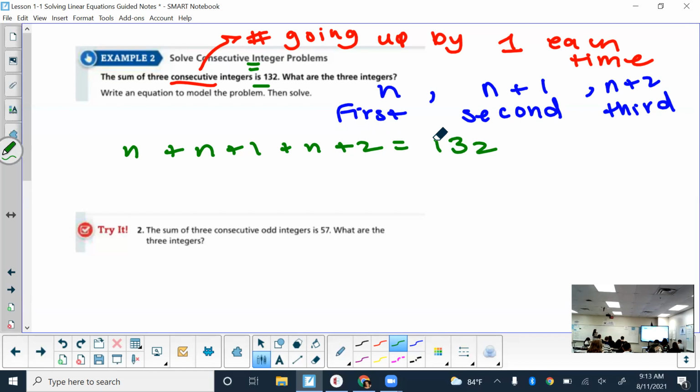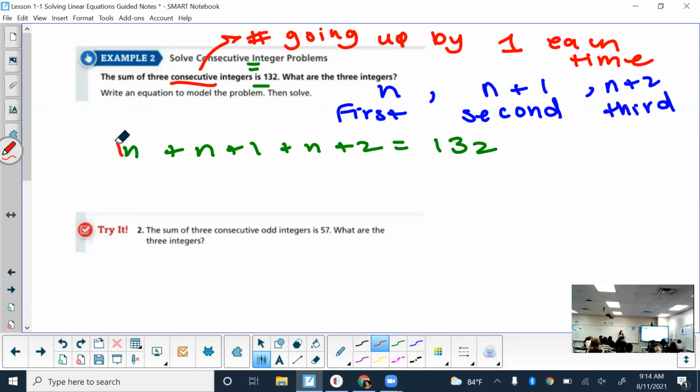So follow your steps. Before we start doing inverse operations to solve for n, we need to combine like terms, right? I did hear someone say. So what are my like terms in this one? Ethan, sit up. What are my like terms? All right, I have multiple n's. If there's no coefficient, what's the coefficient assumed to be? 1.